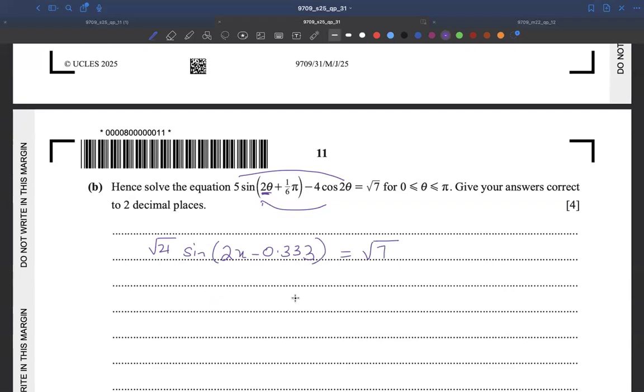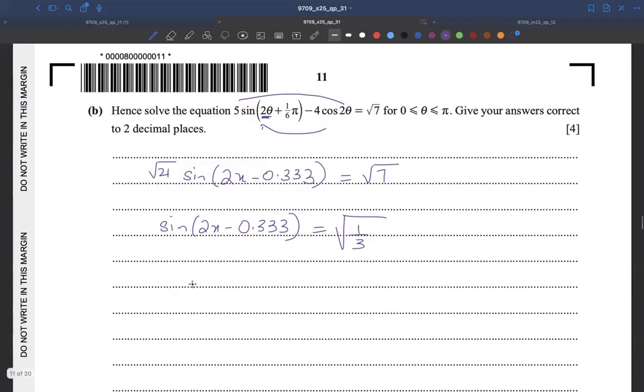In the first step, we'll bring root 21 to the other side. We'll get sine of 2x minus 0.333 equals root 7 upon 21. That would be equal to root 1 upon 3. And then 2x minus 0.333 would be equal to sine inverse of root 1 upon 3.